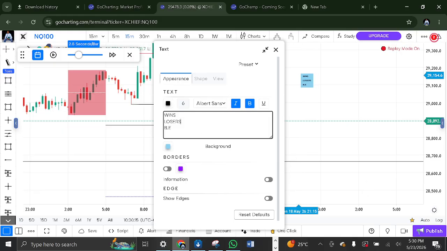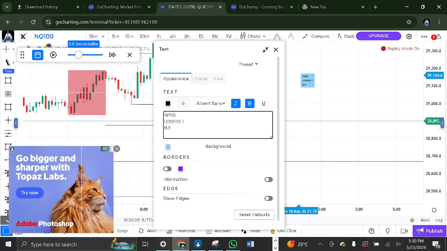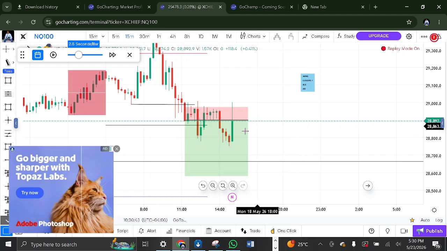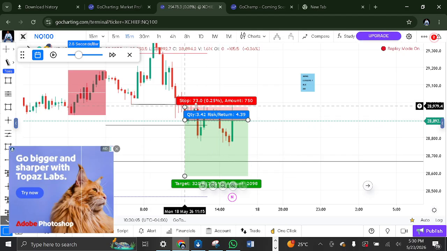Currently, we have, let's say, a loser, we have one, and let me have RR also below BE. For the first position, we've seen that we did reduce our risk to maybe half.